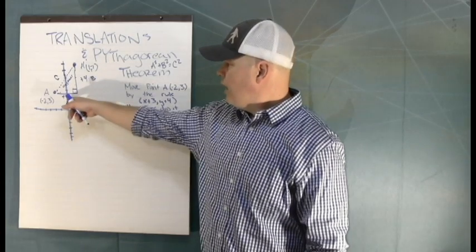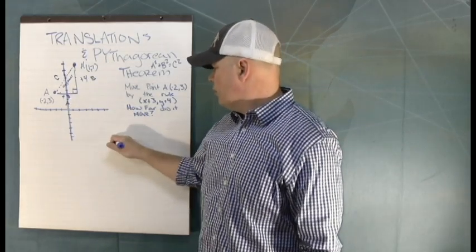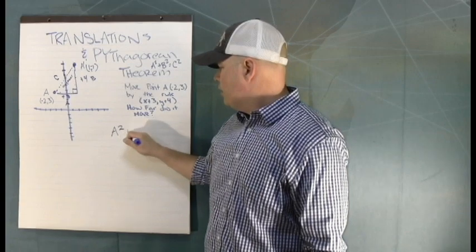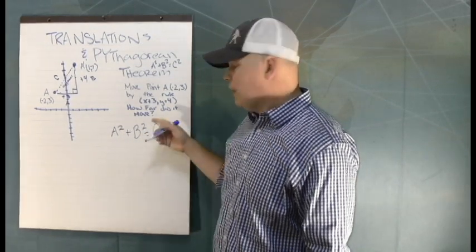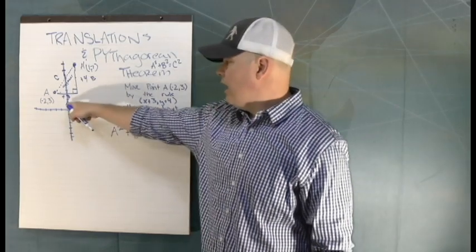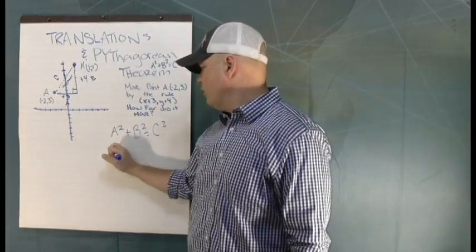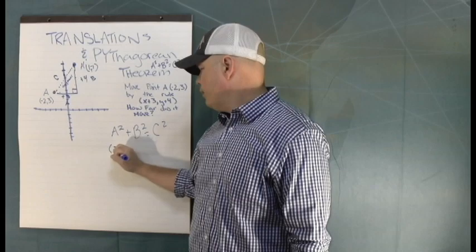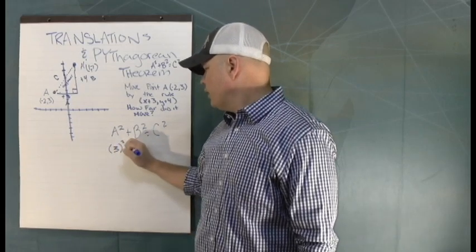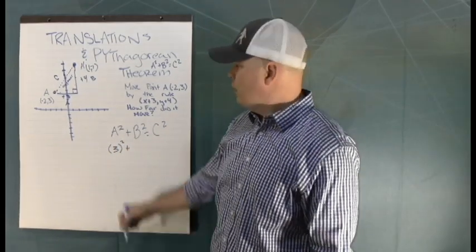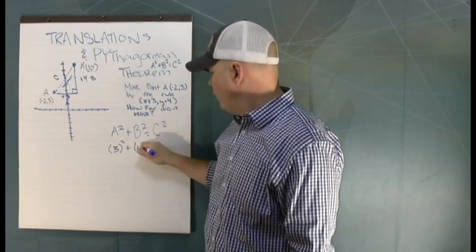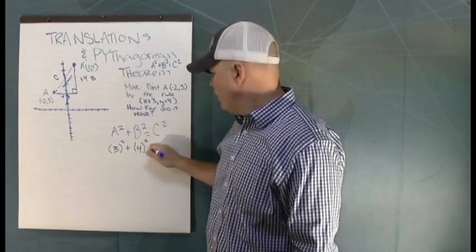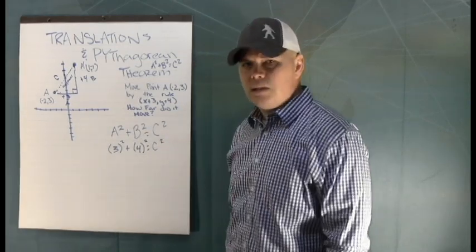So if I'm going to rewrite my rule, I'm going to go A squared plus B squared equals C squared. And I'm just going to plug everything in that I know. My A value was that horizontal move, so it's going to be positive 3 squared. My B value was that vertical move, so that's going to be 4 squared. And I still don't know what C is because I haven't solved for it yet.